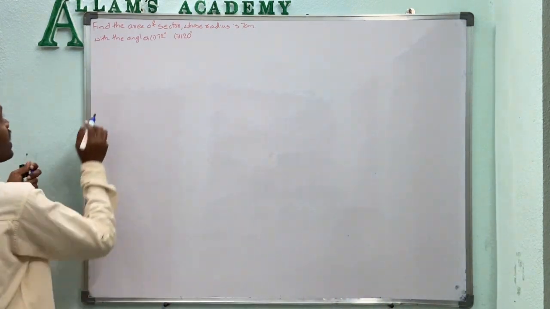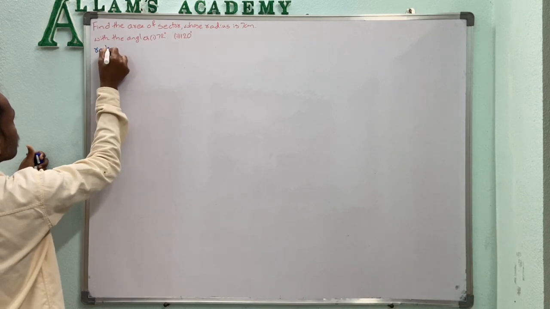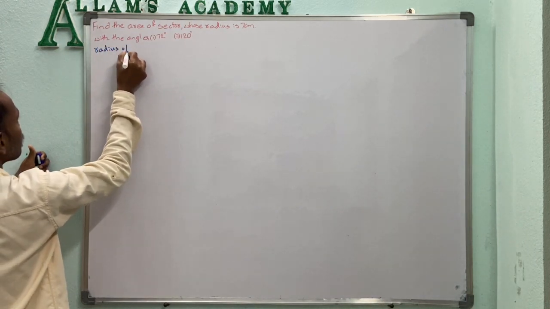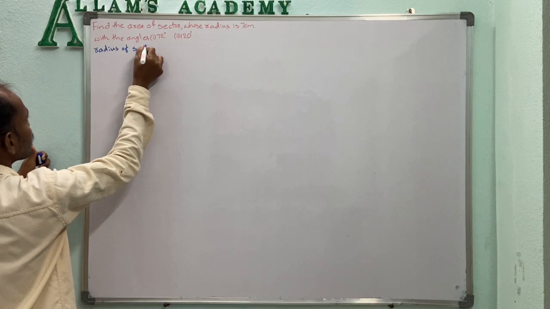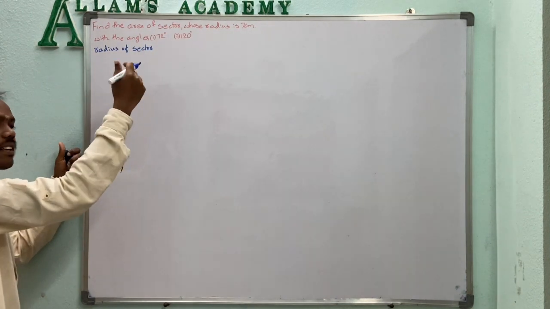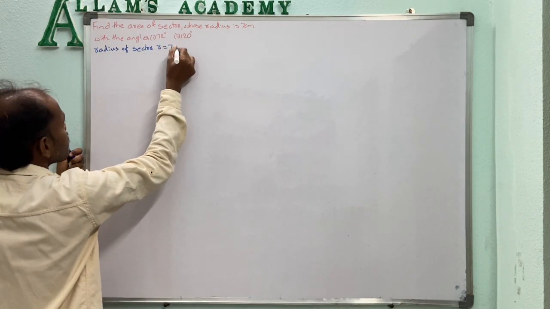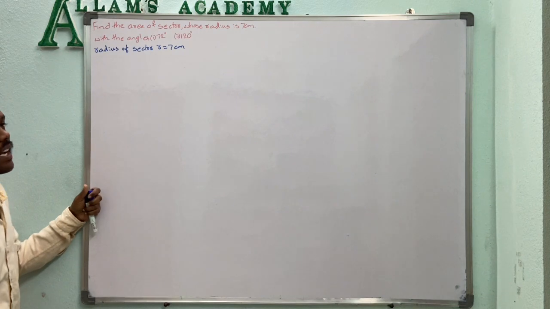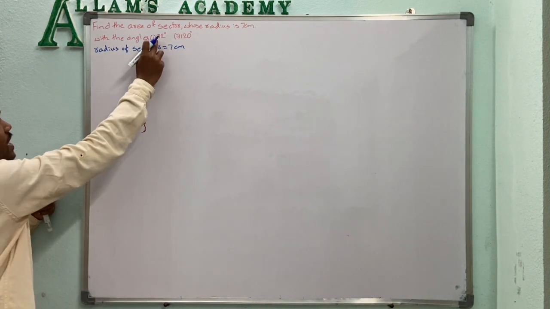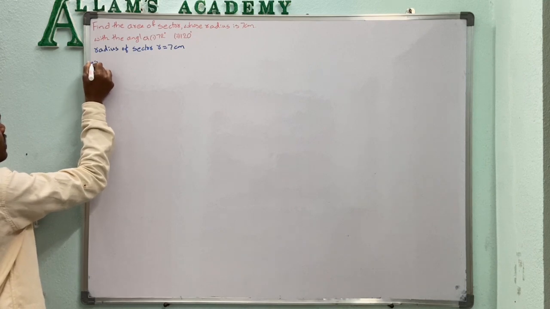So here the radius of the sector, sector or circle, is 7 centimeters only. Next, if the angle is 72, we have to find the area of the sector.